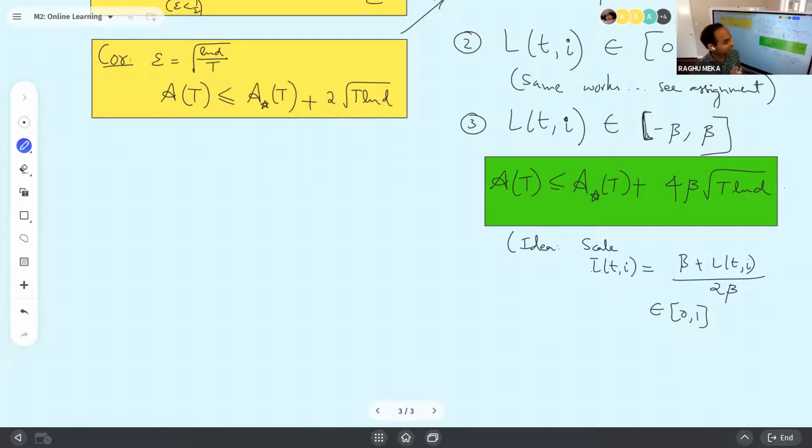And you see that everything is just exactly the same. You just scale things by 2 beta, so you get 4 beta. Any questions about this?